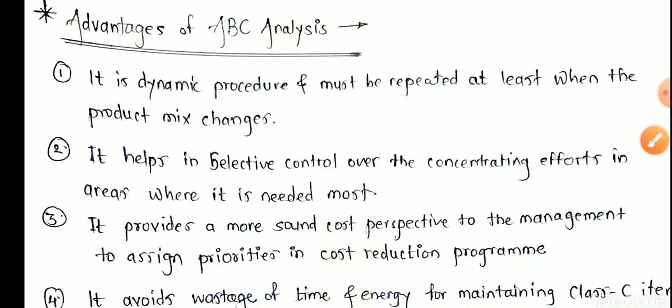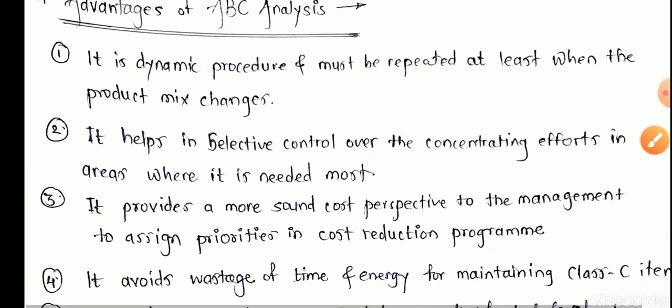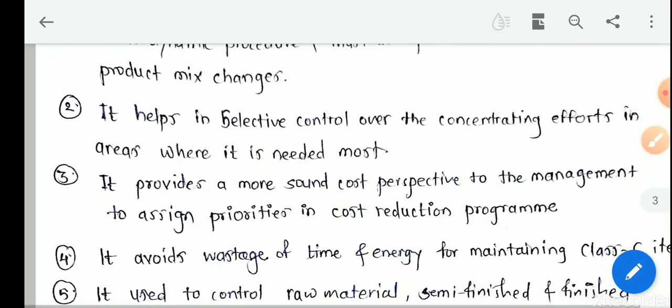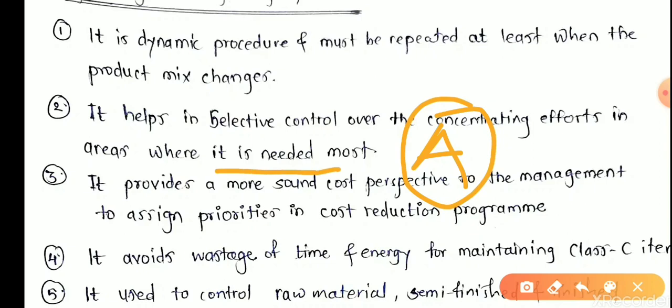Now, it helps in selective control, concentrating efforts on areas where it is needed. Means A type of items require much more effort for inventory control as compared to B and C type of items. Hence A type of items require more control, more effort, concentration. We can provide it on this, and we are avoiding wastage of time on the C type of items.